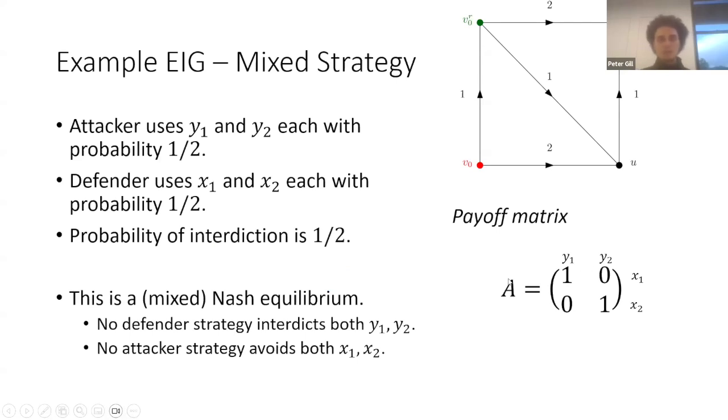Both players can guarantee 1/2 probability of interdiction. So the defender, the police, can guarantee at least 1/2 by playing their strategies. And on the other side, the attacker can guarantee at most 1/2 using their strategies. That's enough to show it's a Nash equilibrium. They can both guarantee the same value from above and below.